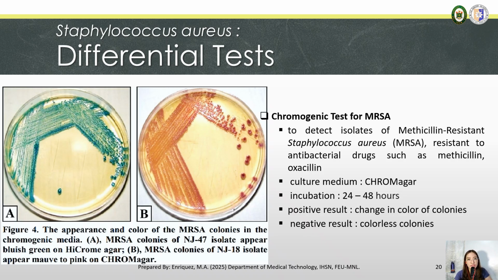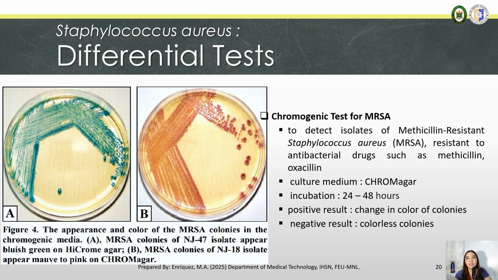So as shown here in these pictures, depende po sa manufacturer yung color change that could indicate if the isolate is MRSA or not. So figure A is an MRSA isolate from one patient plated on the high chrome agar. All right, yun yung parang brand name niya, the high chrome agar.